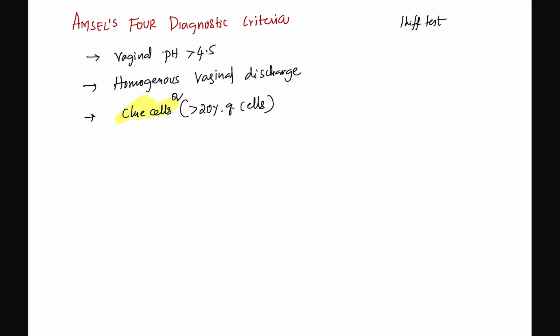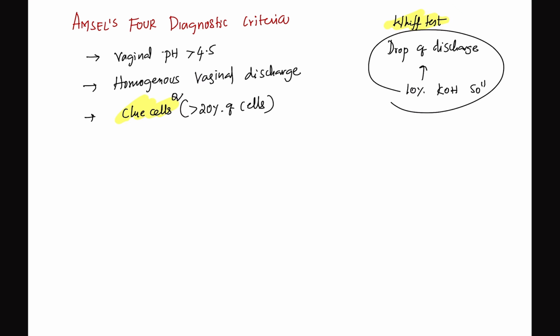So what is this whiff test? We take a drop of vaginal discharge and mix it with 10% potassium hydroxide solution on a slide, and there will be a fishy odor or amine odor.